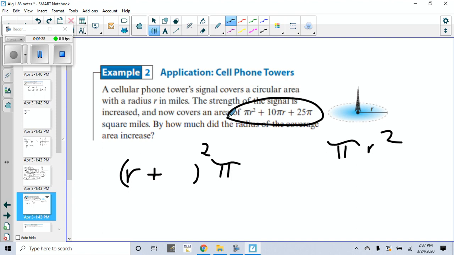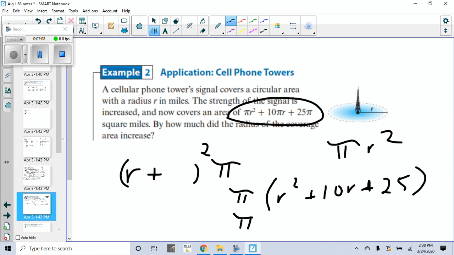So actually, if you factor this right here, first the greatest common factor that you can factor out is pi. And you'd be left with pi times r squared plus 10r plus 25. And if you were to go ahead and factor this, you would end up with pi times r and r. And the factors of 25 are 5 times 5. And do they add up to 10r in the middle?